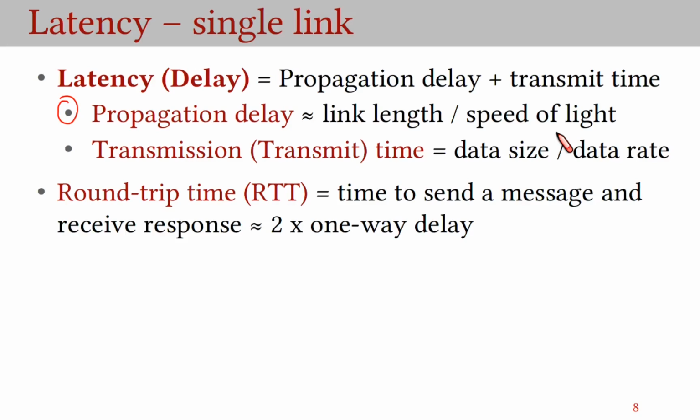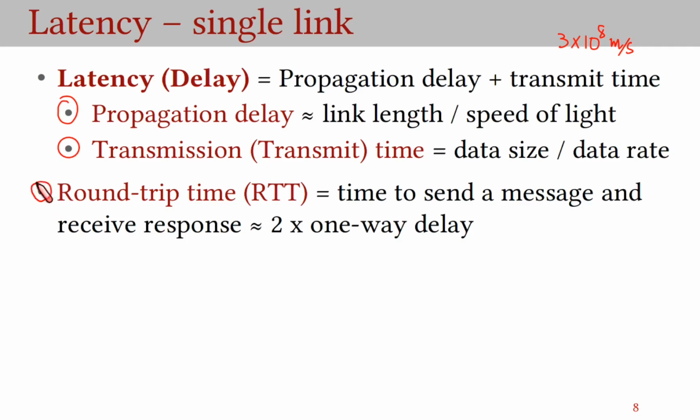The speed of light in free space is 3 times 10 to the power 8 meters per second. The second component of latency is transmission time. Transmission time is a function of data rate or bandwidth, and it is defined as data size divided by data rate.